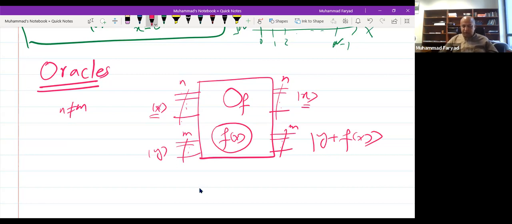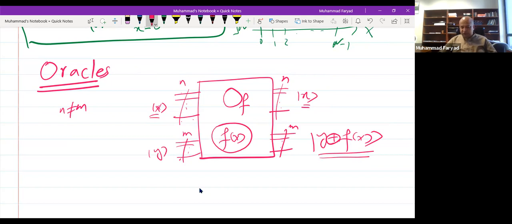So this is the general form of an oracle: one set of inputs goes to the output as it is, and another set of inputs is XORed. This is actually a modulo 2 addition with y. So it XORs a function f of x with the input y and gives this output.